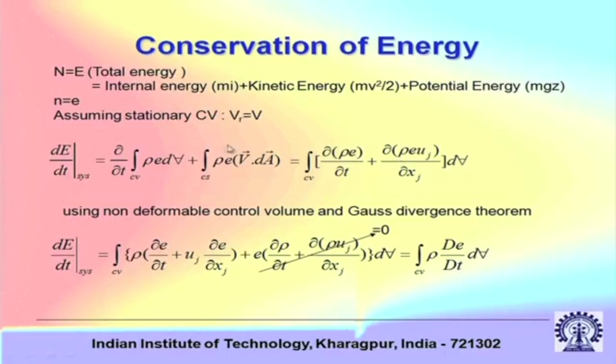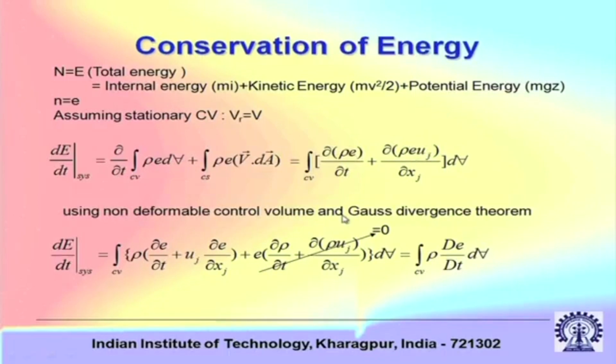In place of rho E V dot dA, it is divergence of rho E V. Divergence of rho E V is del del xj of rho E uj. That is what is written here.